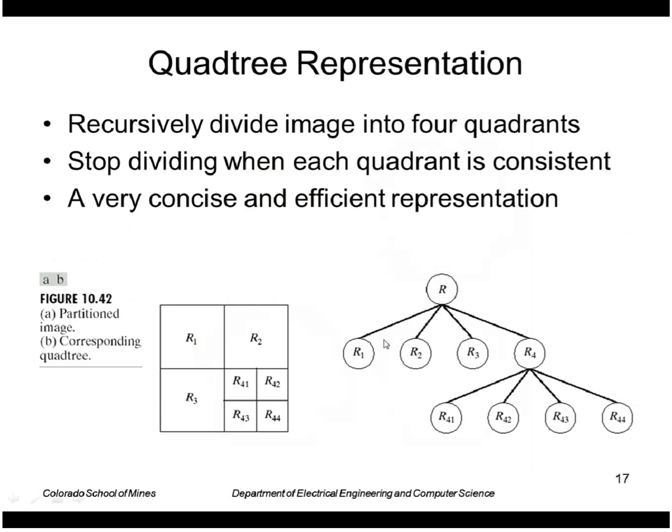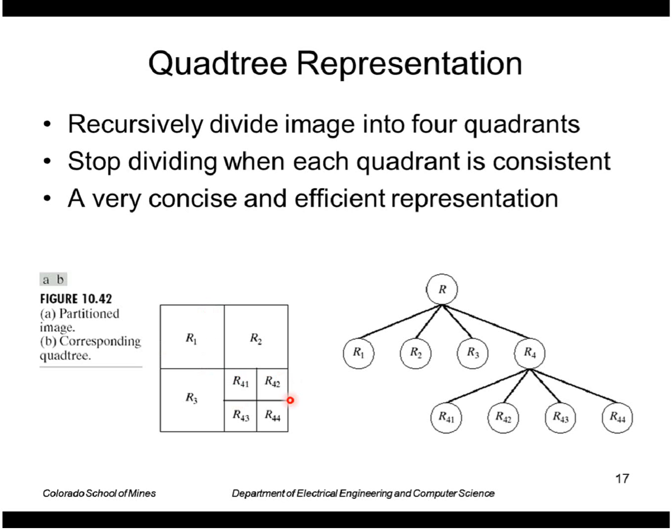And then a nice way to represent images that have been partitioned into regions is the quad tree. The quad tree is a very simple idea. It says basically we want to split the image into 4 quadrants, and if our property is satisfied for everything in a region, we don't need to split that any further.